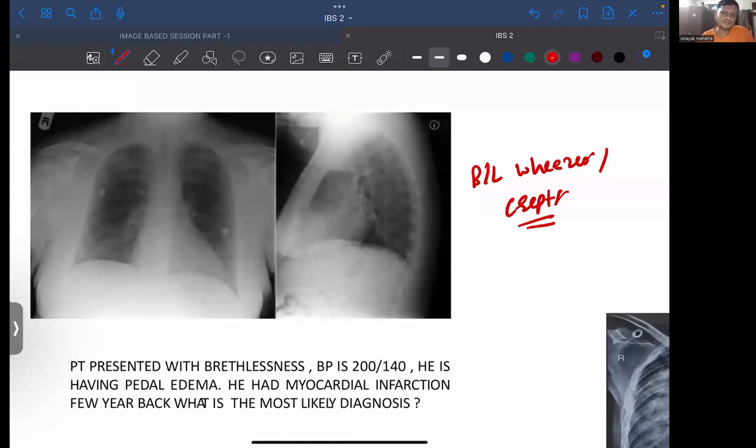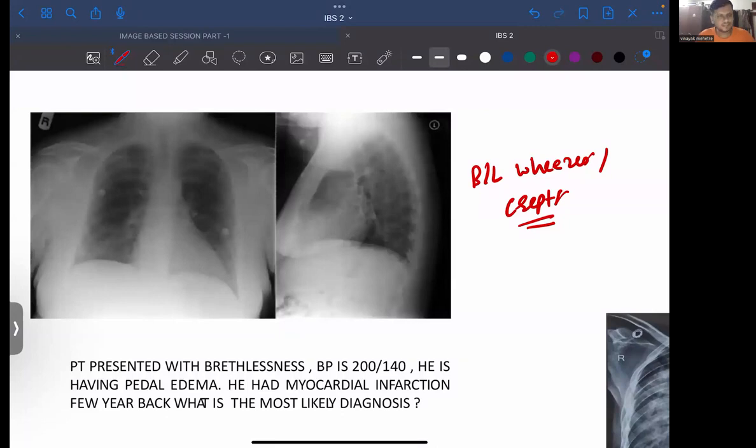I have added one more hint for you. What is the diagnosis? Simple question, pharma question, medicine question, patho question, radio question. And this is the question which you will see daily in the emergency department.